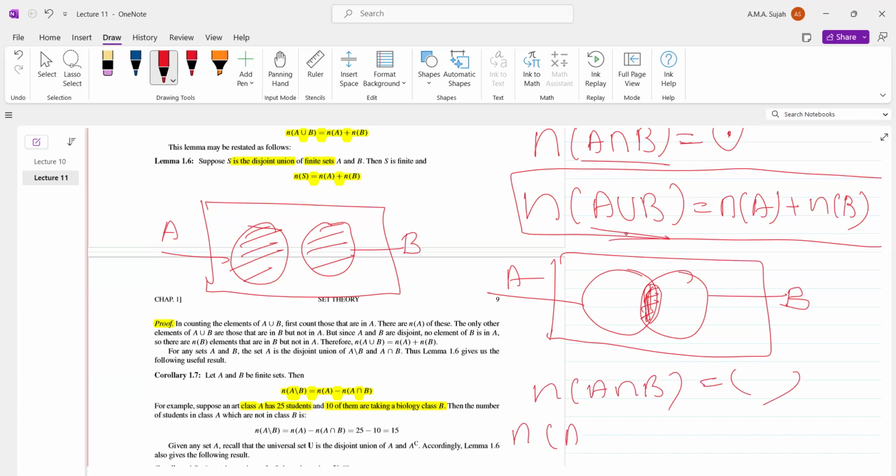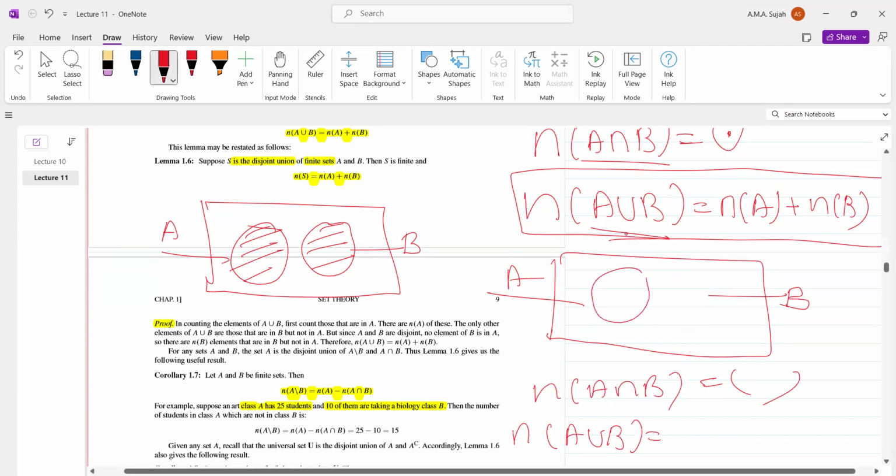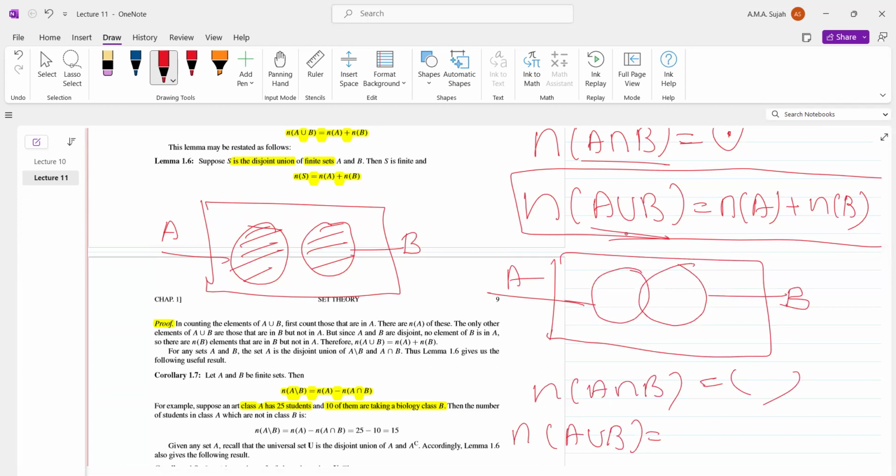Similarly, the number of elements in A union B means what? At that time, what will happen? Just look here. If you consider the number of A plus the number of B, what will happen?